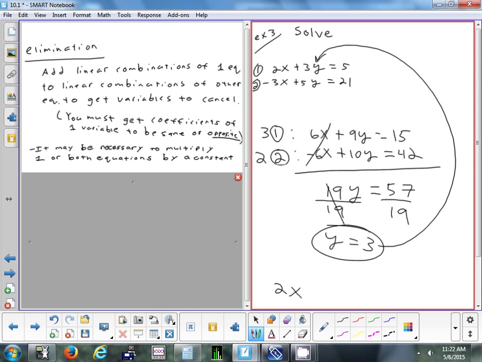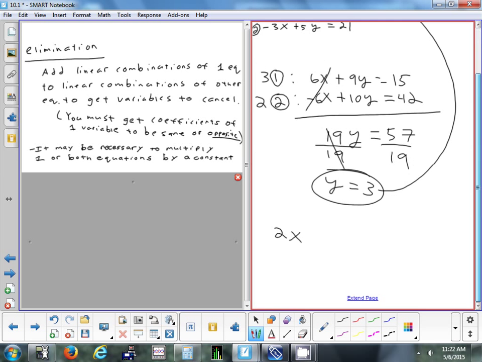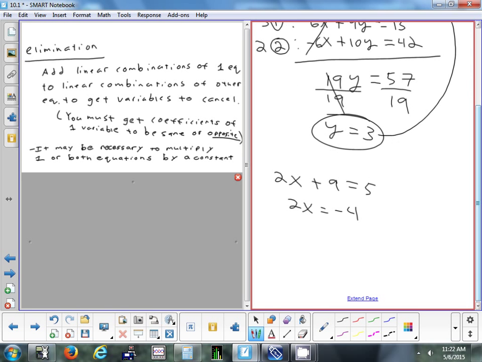Okay, so you get 2x plus 3 times 3 is 9 equals 5. Okay, bring the 9 to the other side. 5 minus 9 is negative 4, and divide by 2. So y is 3, x is negative 2.